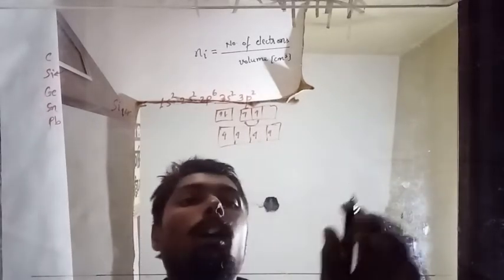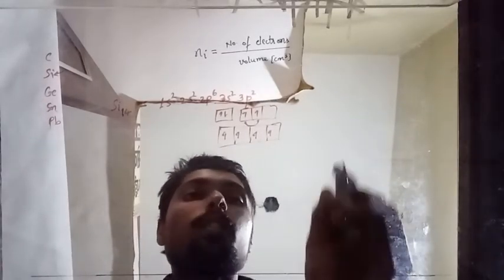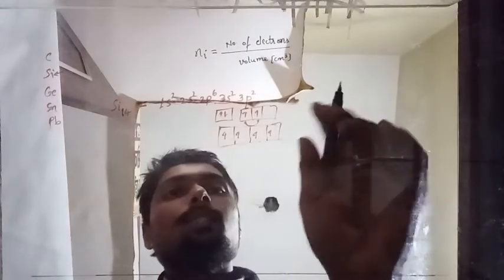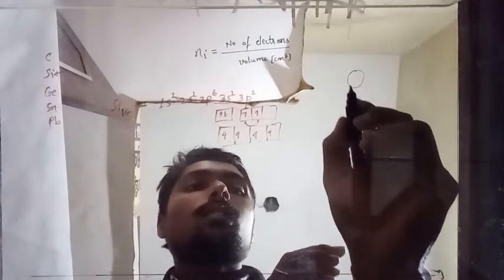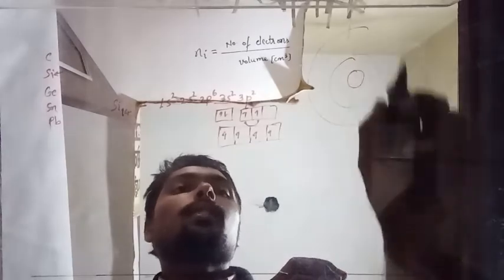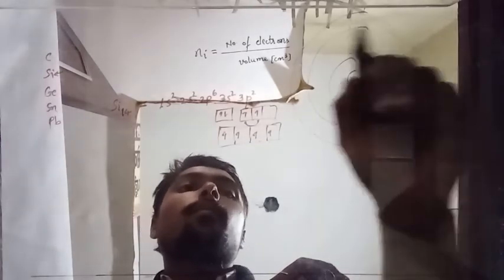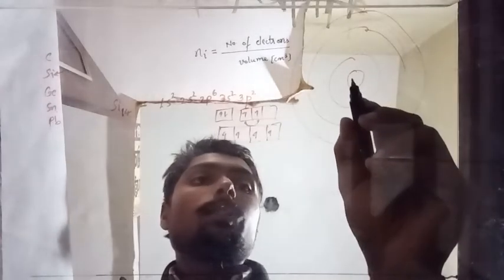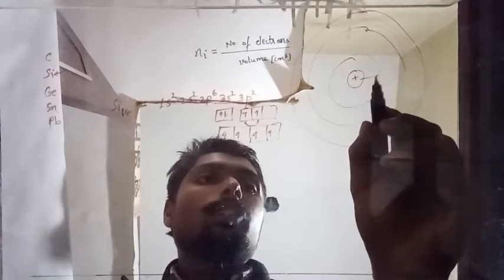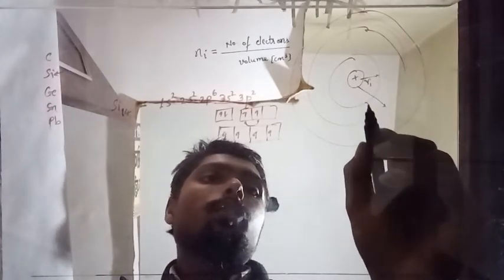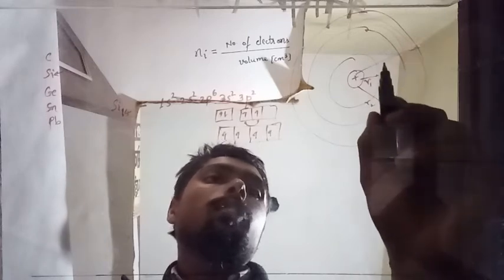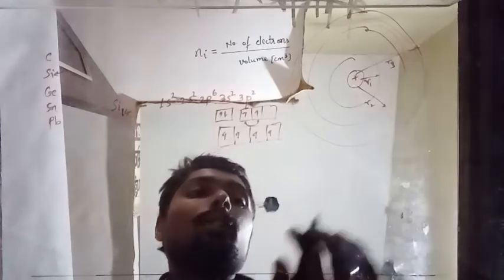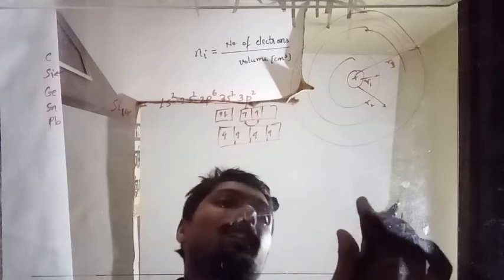And now when we consider one atom, you would have also heard that there is a radius, so there are various cells. What is the difference? If this is the nucleus, then this is R1, suppose this is R2, this is R3. So what is the difference between all these radii?